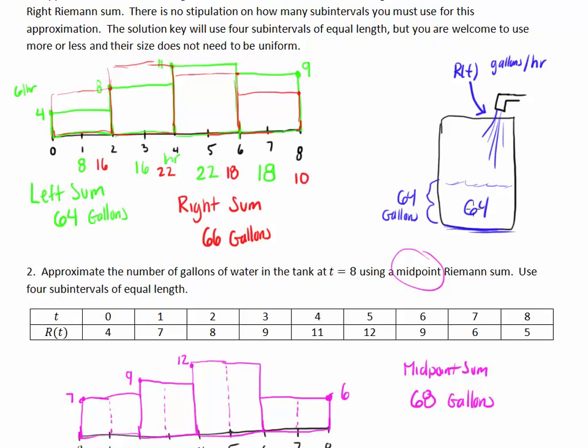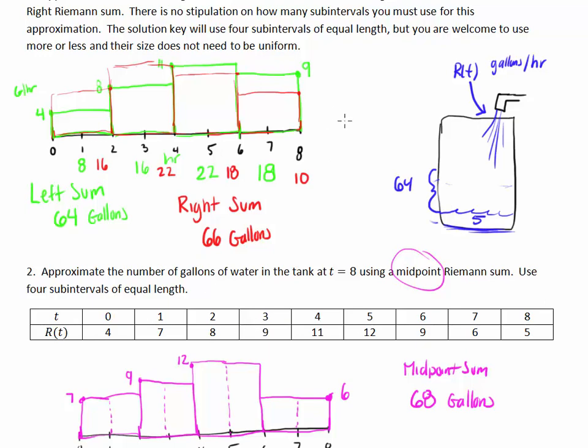Well, this question 3 is saying, what if instead of having no water to begin with, there was already 5 gallons of water in here? So we got 5. That means with our approximations, going back with the left-hand sum, instead of going from 0 to 5, we're still adding 64 gallons, but this time we're tacking it on to the 5. So now we would estimate to be 69 gallons of water in the tank.